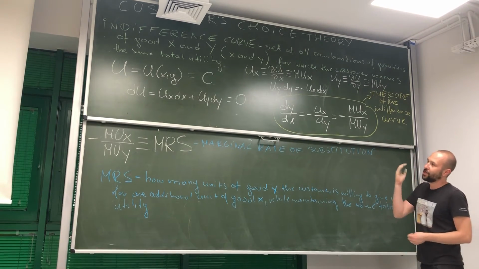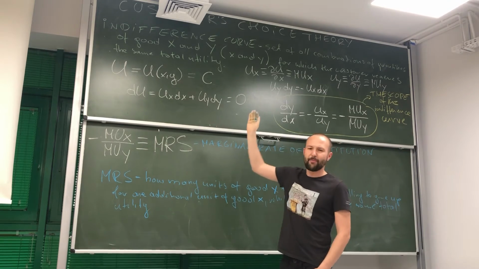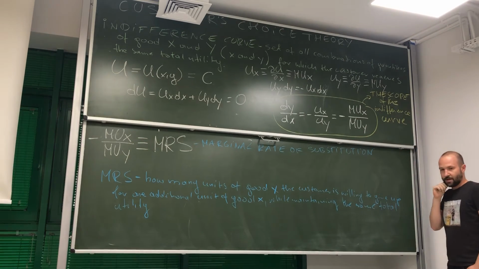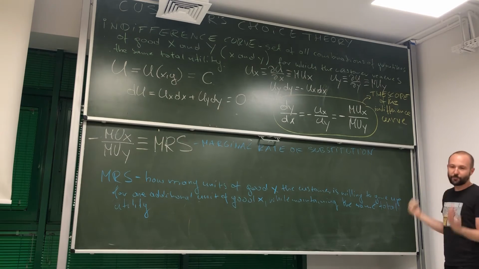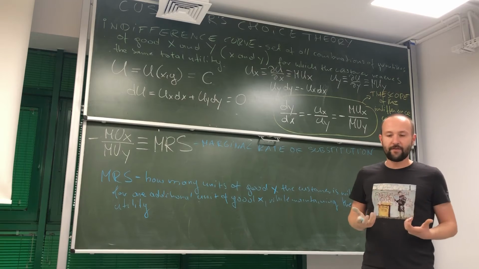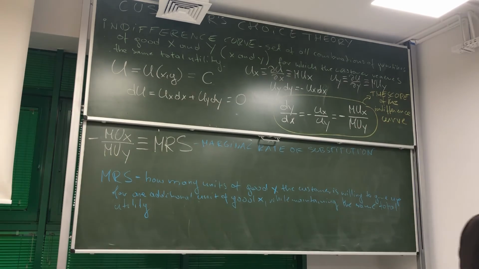And as it turns out, we know some properties of this marginal rate of substitution, and those properties will allow us to draw the graph of an indifference curve. And actually, again, in order to understand what is happening, we're going to resort to the idea of total and marginal utility for individual goods.